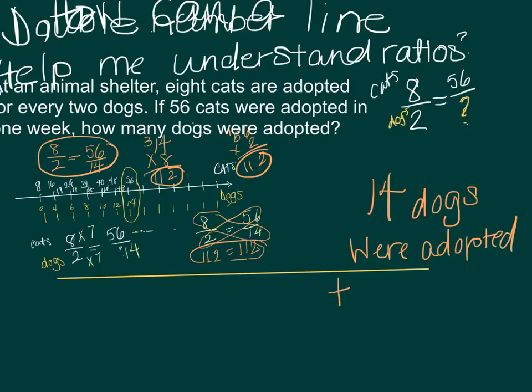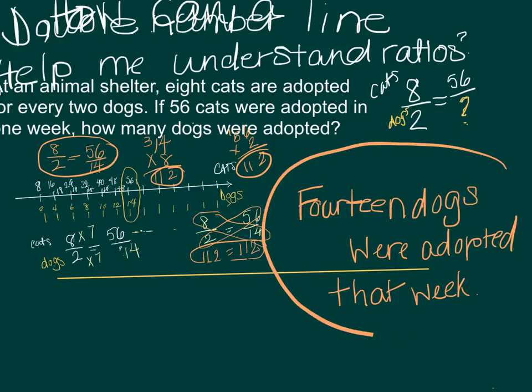Now, to be proper grammar, we would have to spell out the word 14. So to give you the correct example, we'll just go ahead and erase that and spell out the word 14. F-O-U-R-T-E-E-N. Fourteen dogs were adopted that week. That would be your correct answer.